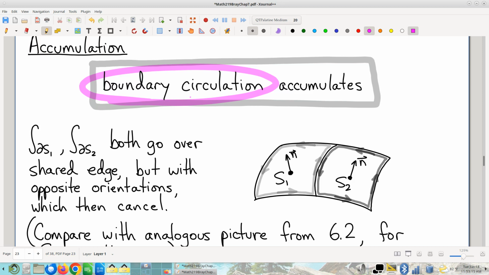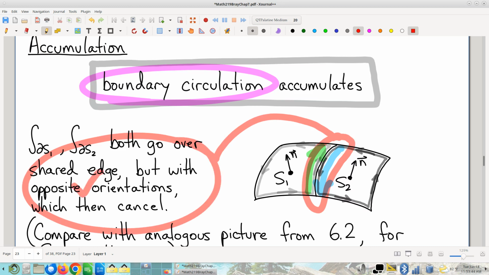And boundary circulation accumulates, for morally the same reason. If you look at that part of the boundary of S1, oriented as it is supposed to be, and then you look at this part of the boundary circulation around S2, also oriented the way that it's supposed to be, those terms on the same shared edge have opposite orientations, and so they cancel. It's morally the exact same argument that we gave when we were doing Green's theorem.